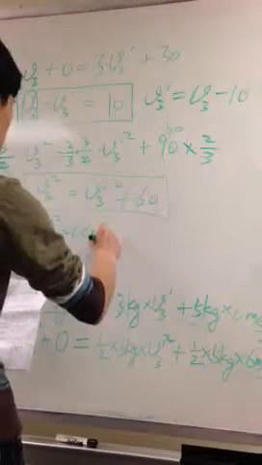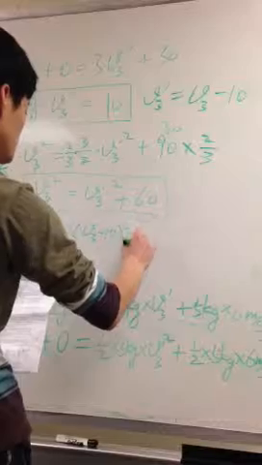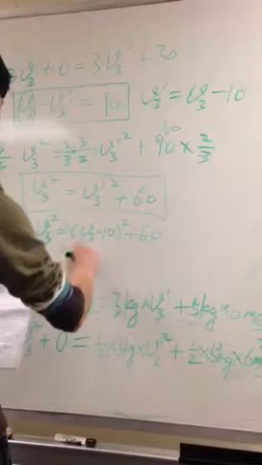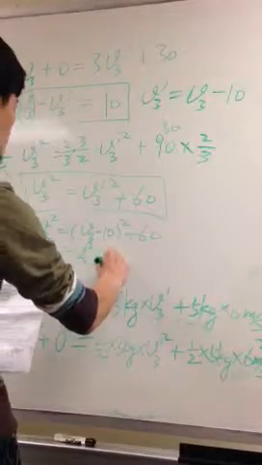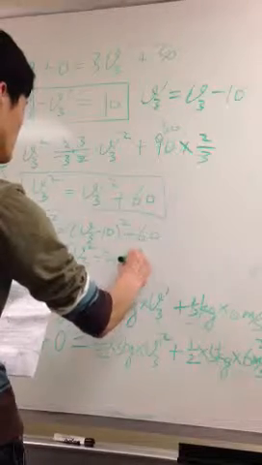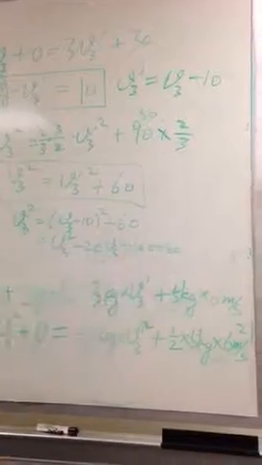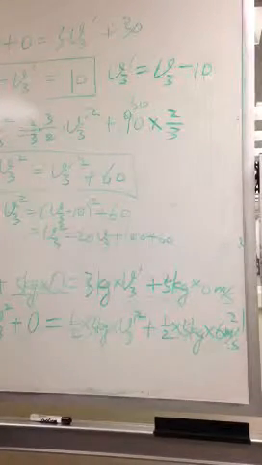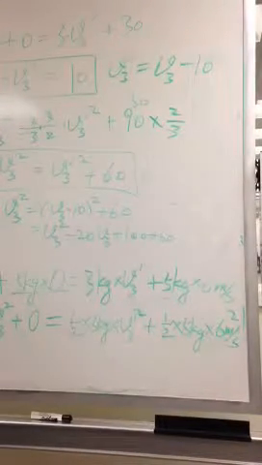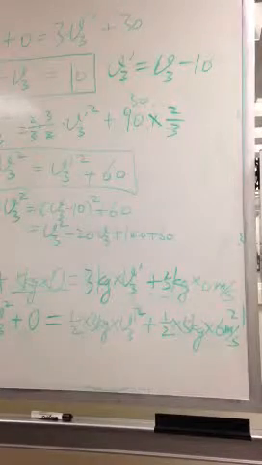V3 squared equals V3 minus 10 squared plus 60, which will be V3 squared minus 20 V3 plus 100 plus 60.